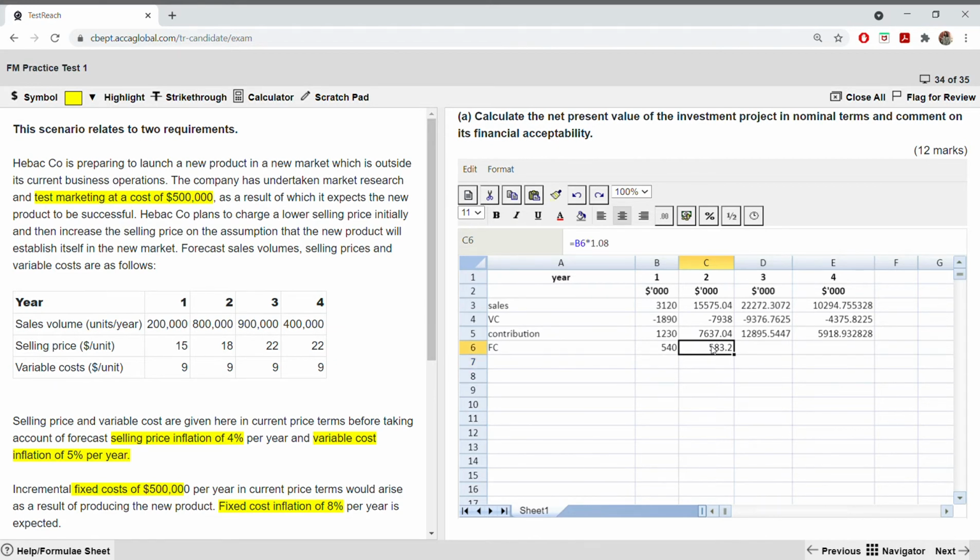Or if you don't want to do it like this, you can put 500, same, but this time you need to put 1.08 to the power 2. Okay, still it will give you the same answer. But it's better to use this one, on this you multiply by 1.08 because you can drag it to the other cells.